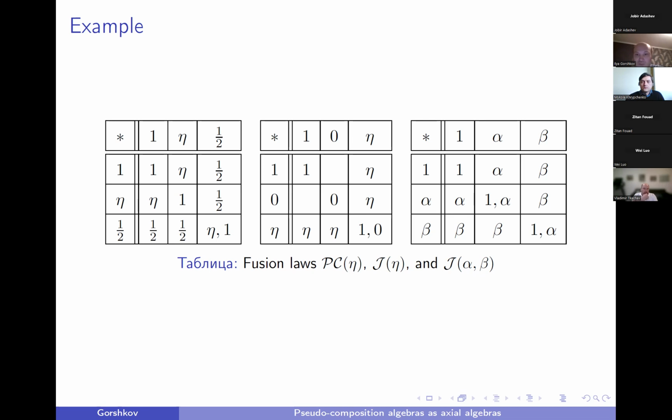For example, if alpha is equal to 0 and beta is equal to eta, we get that the fusion table of Jordan type alpha beta is equal to the Jordan type eta fusion law. And for other parameters alpha and beta, we can get a fusion table of pseudo-composition type eta.